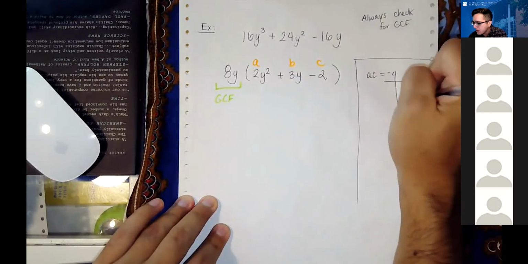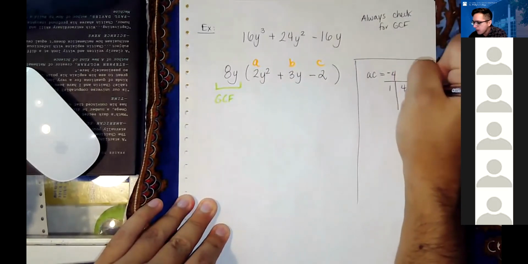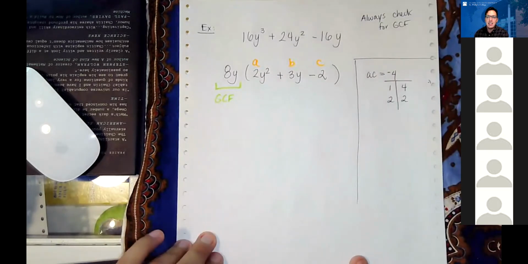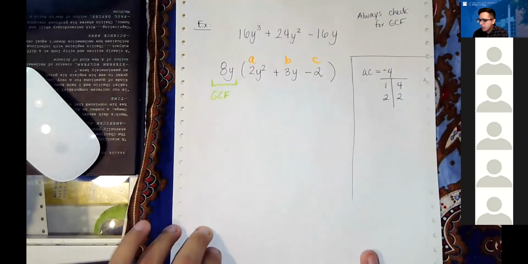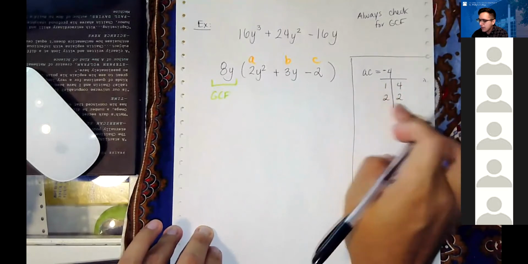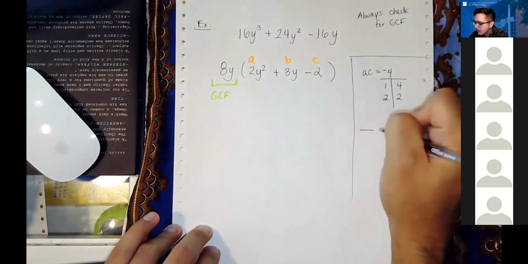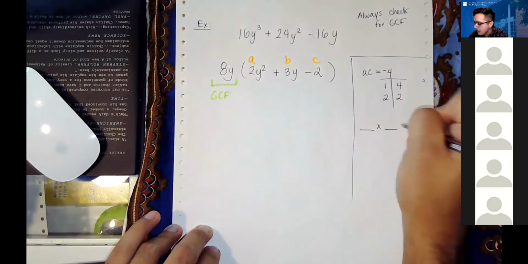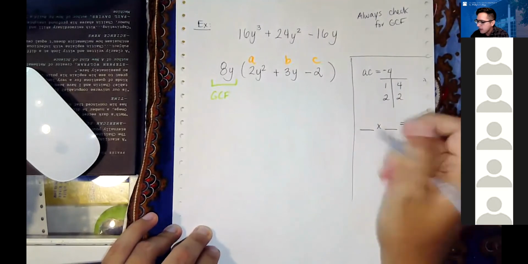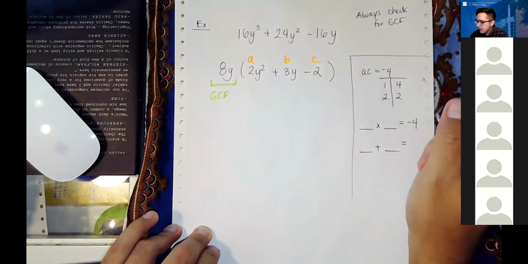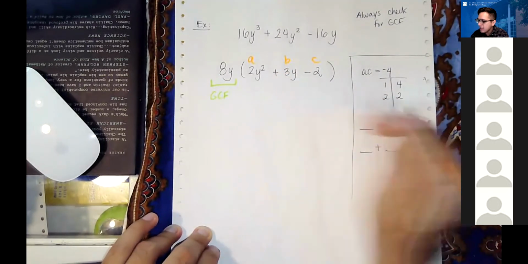Then we'll look at the factors of negative 4, which are 1 and 4, 2 and 2, and I'm playing it loose with the negative sign. We need to select the factor pair that will meet these criteria: they need to multiply to give us our negative 4, and they need to add to give us B, which in this case is 3.